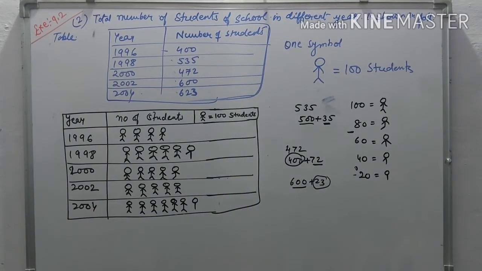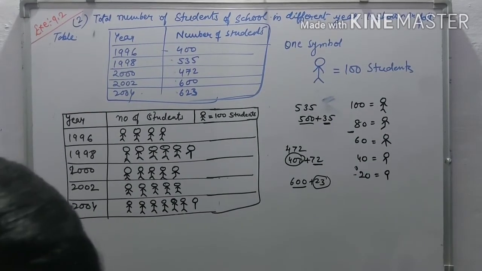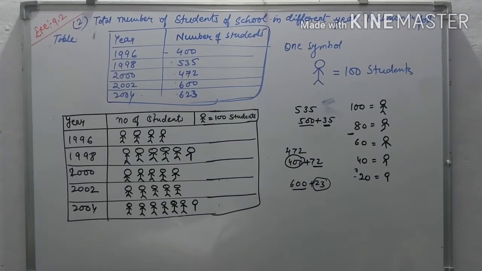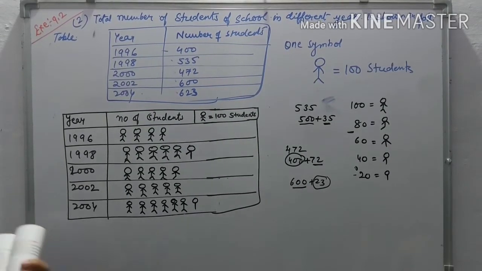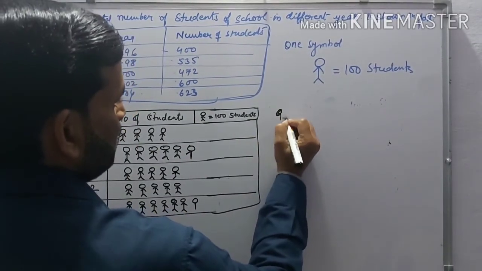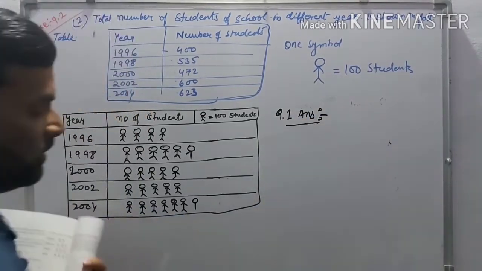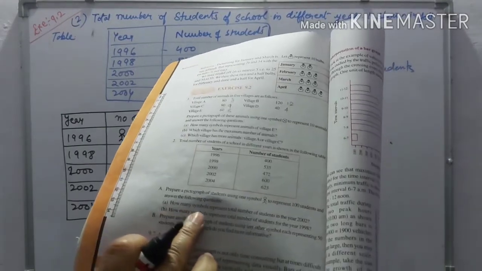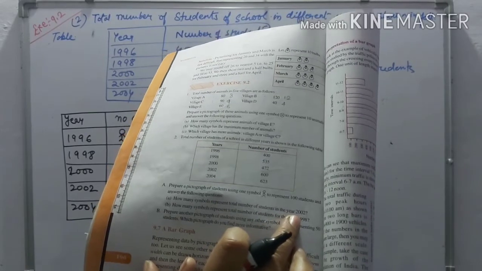Okay, now in this question, the first question asks how many symbols represent the total number of students in 2002? Okay, given question, question 1, you write the answer. You see that how many symbols represent the total number of students in the year 2002.